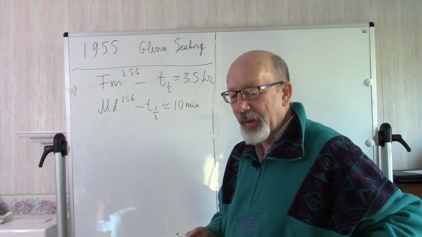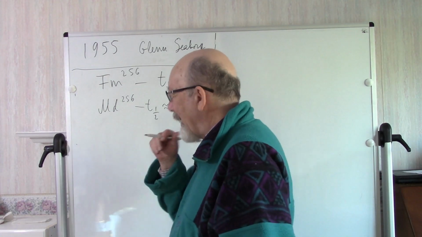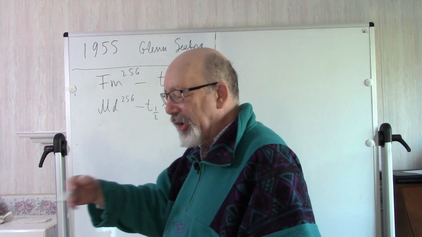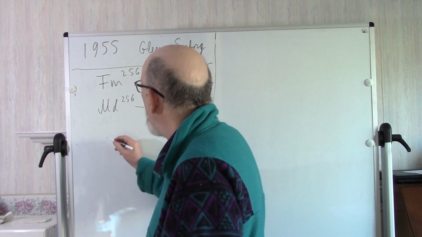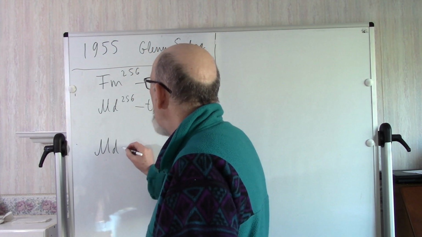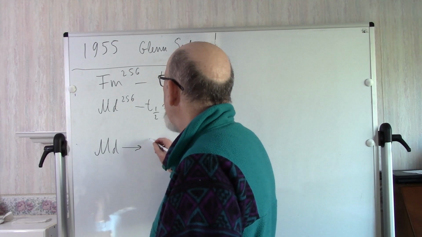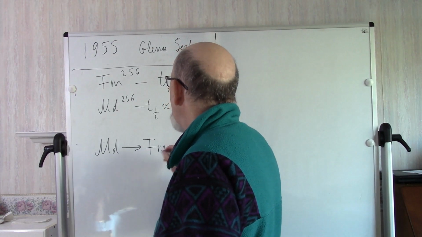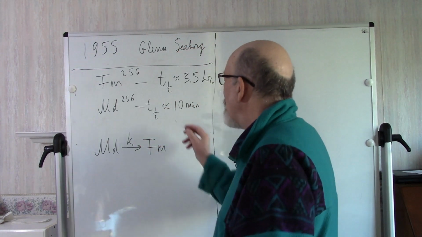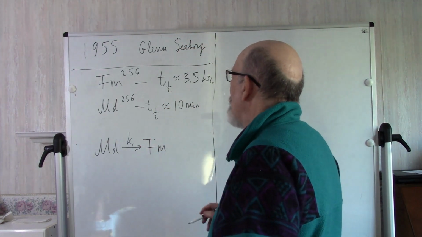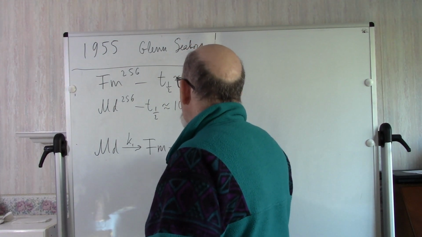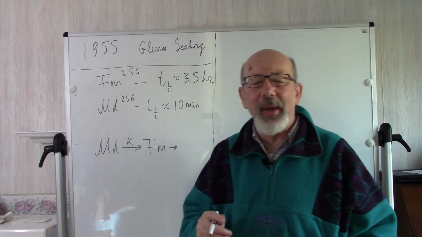So what they saw, the scheme of the radioactive chain, was the following. Mendelevium was decaying into fermium with some, say, K1. K1 corresponds to this half-time. And fermium was decaying.